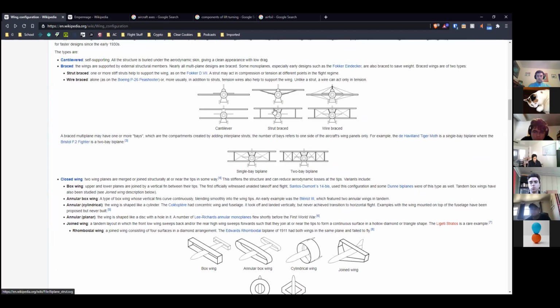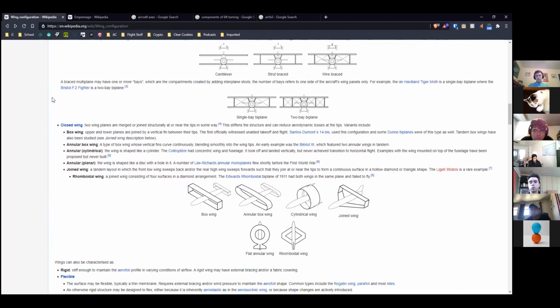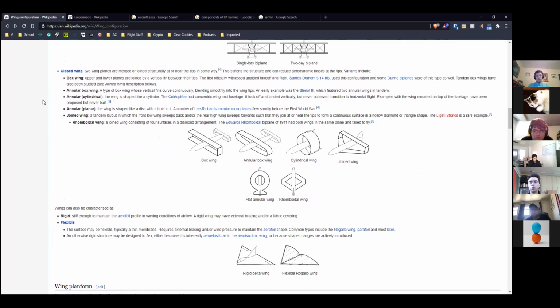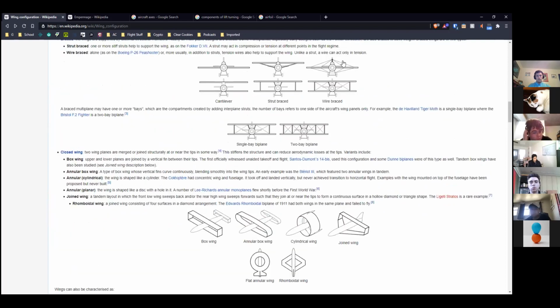There's still a good number of small aircraft, like general aviation aircraft these days that are strut braced, but the large majority of planes are cantilevers now. Although we technically still do wire bracing sometimes, like for our tail, because at the scales we build at, our tails tend to get very thin.